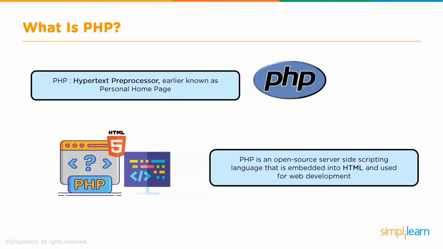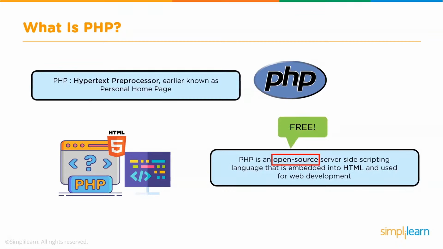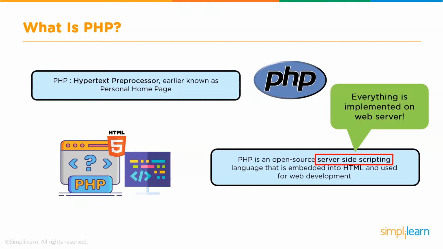Now, two main terms to focus here are open source and server-side scripting. Now, open source is a term for technology that is freely available to everyone, while server-side scripting means that the entire PHP script is processed on the server side while the user just enjoys the result.